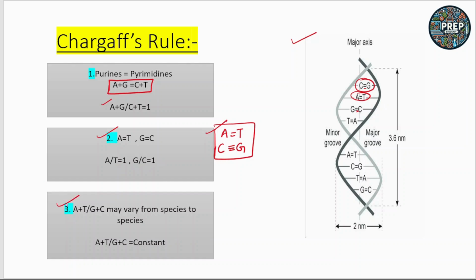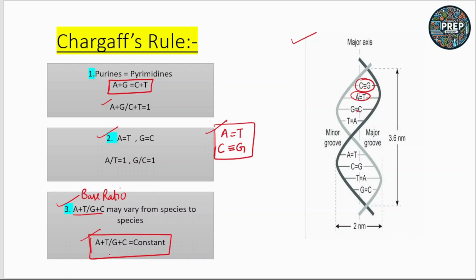The third rule of Chargaff is the base ratios. The base ratio is A plus T divided by G plus C. The base ratio may vary from species to species, but for a particular species it is constant.